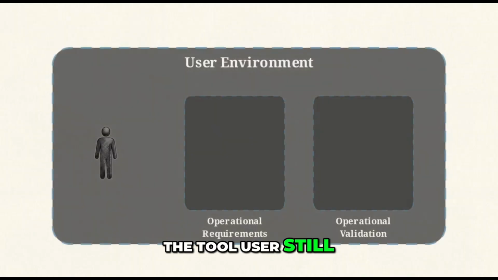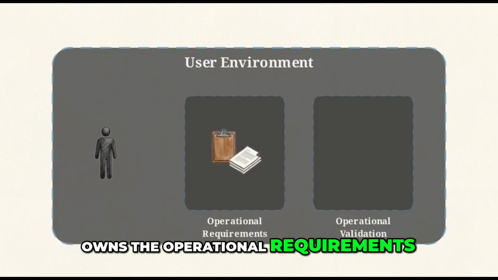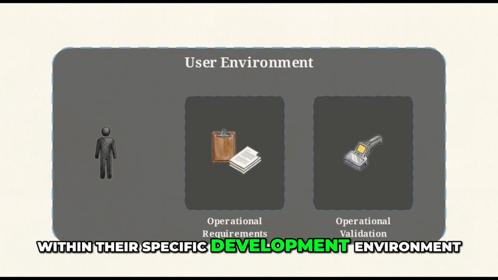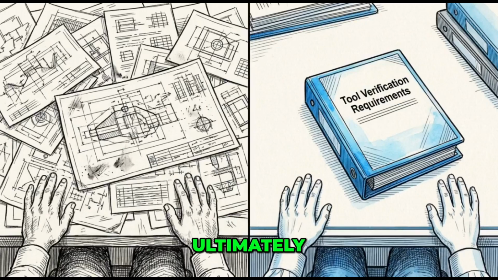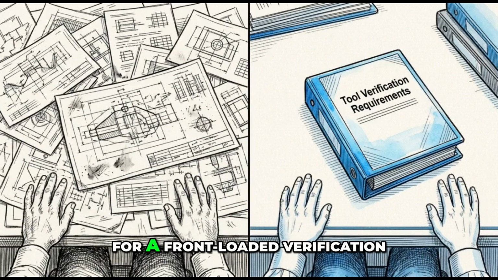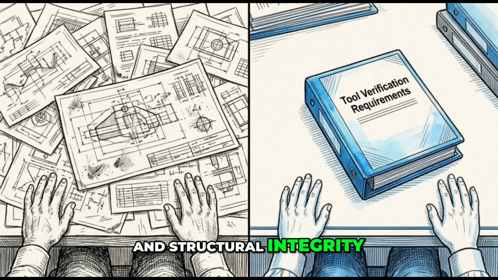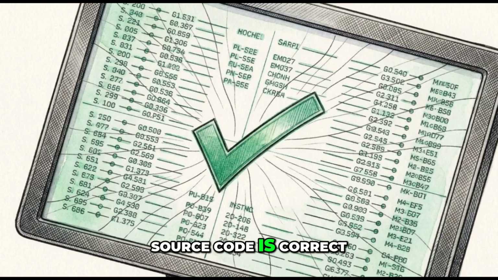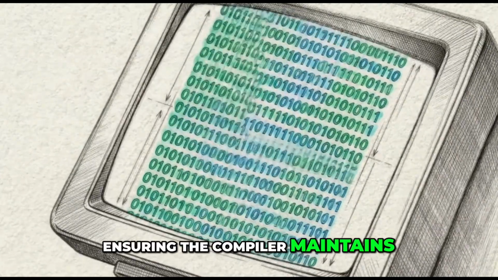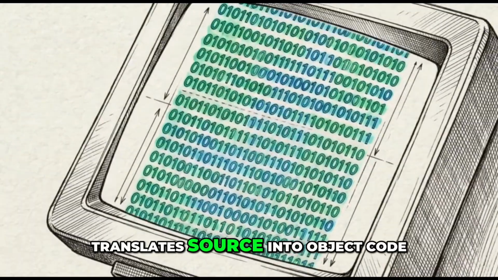The tool user still owns the operational requirements and the operational validation that must be performed within their specific development environment. Ultimately, tool qualification trades the impracticality of manual review for a front-loaded verification of the tool's requirements and structural integrity. This process ensures the source code is correct, which leads us to the next challenge: ensuring the compiler maintains that correctness as it translates source into object code.